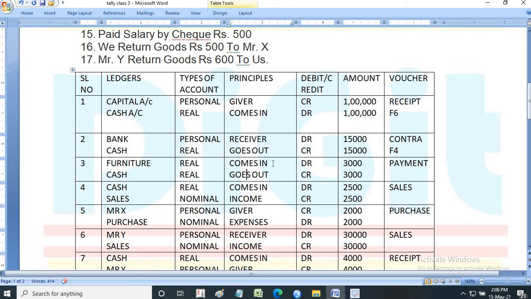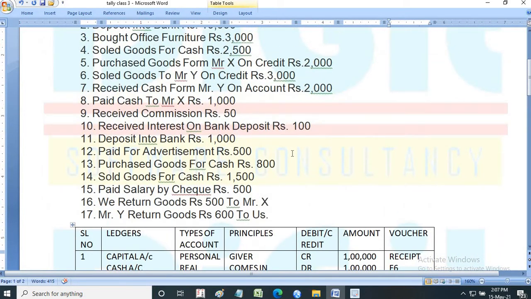Furniture is coming into our business, and cash is going out. So what comes in is debit, and what goes out is credit. So furniture account debit to cash account, amount 3,000, and the voucher will be payment. For payment you have to press F5 on your keyboard to bring that voucher on screen.